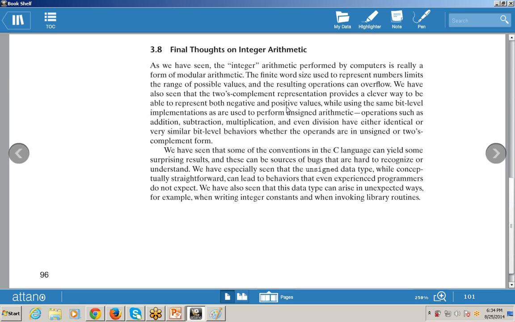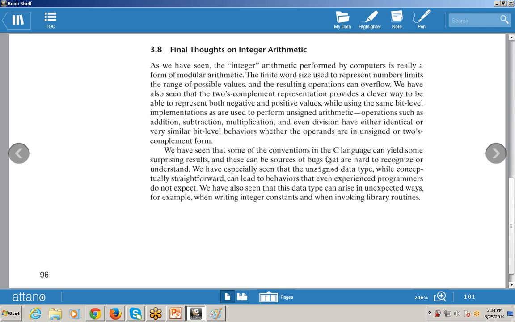Whenever we use 2's complement, the main target is that negative numbers are available, so I have to convert that negative number into arithmetic forms, that is operations such as addition, subtraction, multiplication, and even division, that have identical or very similar bit level behaviors, whether the operands are in unsigned or 2's complement form.